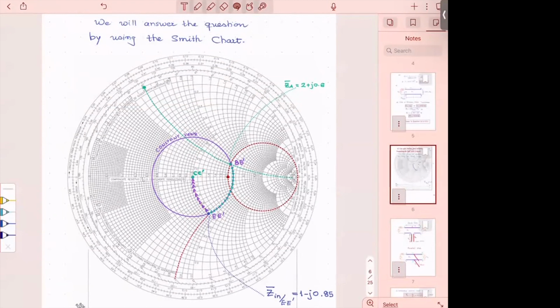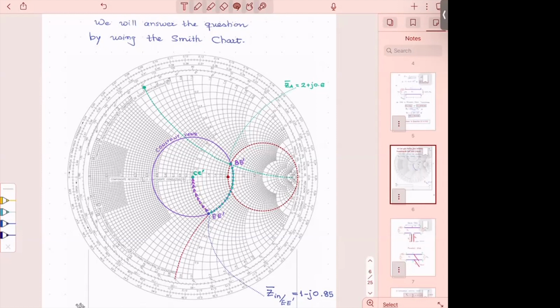And then from here, the only way to move is by following this circle that goes through the center of the Smith chart. Now, you remember what we said about these circles? When I move along a circle, practically I add a reactive element, but I cannot have a hybrid design. So the only way I can add a reactive element is by adding a stub.